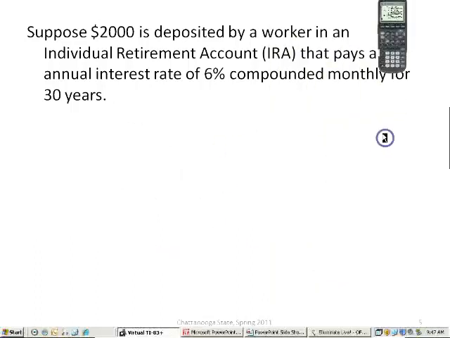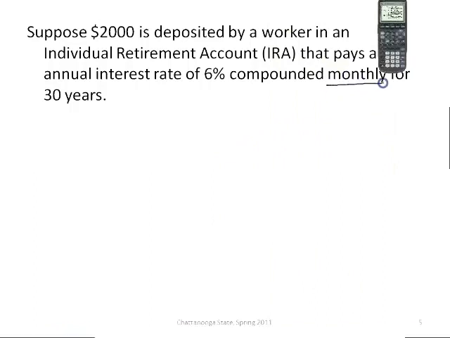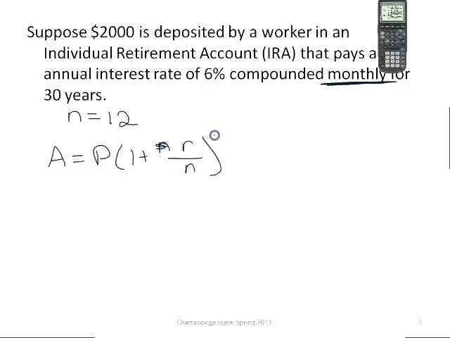Now let's look at another problem. This time we're going to compound it monthly. So the only thing that's going to be different here is the n is going to be 12. So let me take the same formula. Oops, this is r over n raised to the nt power.